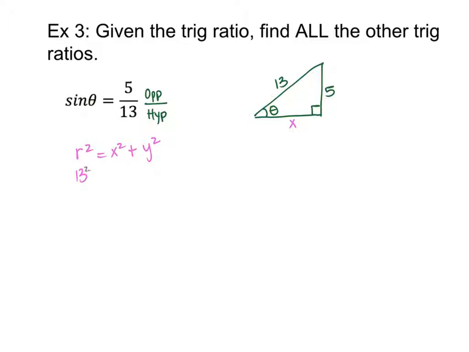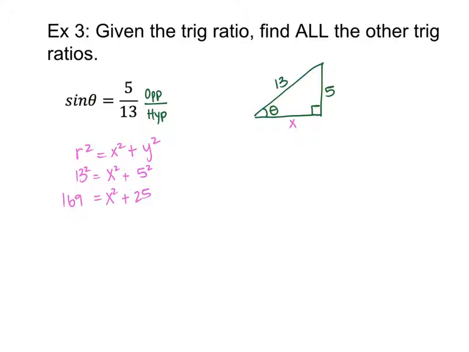So 13 squared equals x squared. We don't know x, right? But we do know the other side. The other side is 5, and so we have to square that. Now it's just a matter of solving for this x, getting it by itself. So let's go ahead and square both sides. 13 squared is 169. X squared brought down, 5 squared, that's easy, just 25, right?